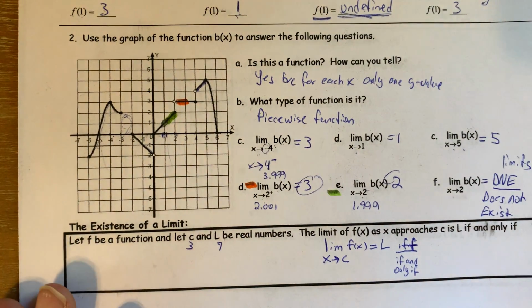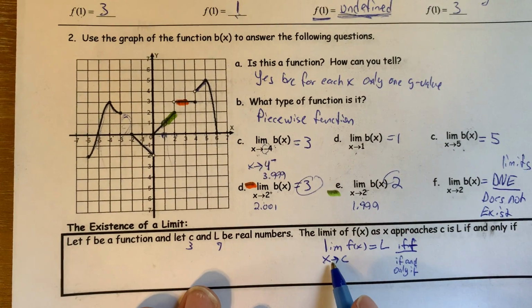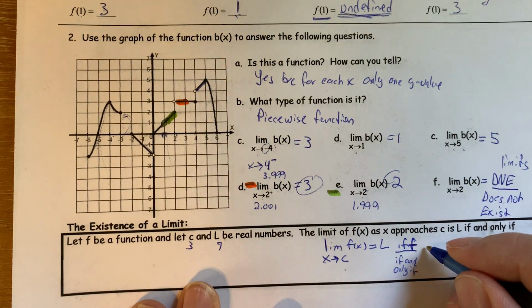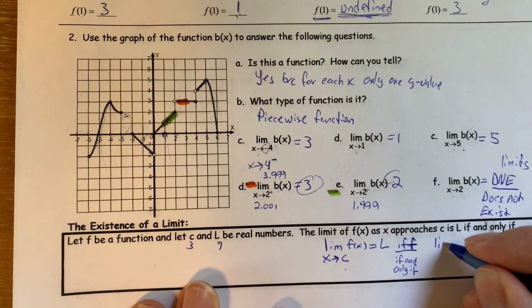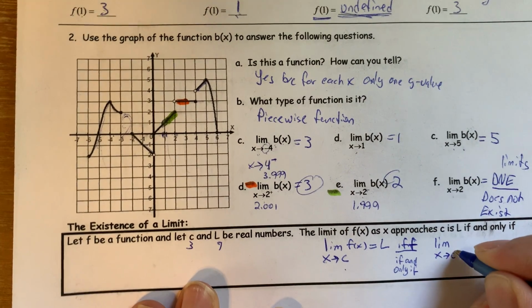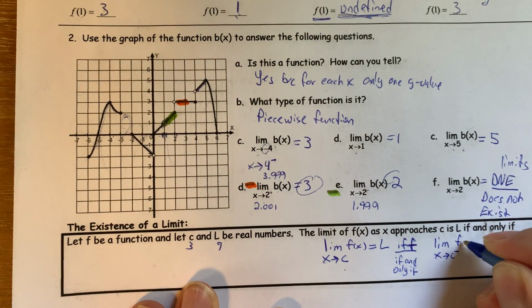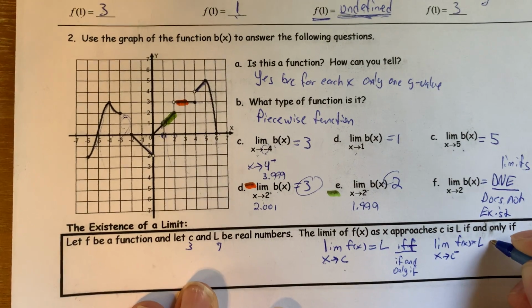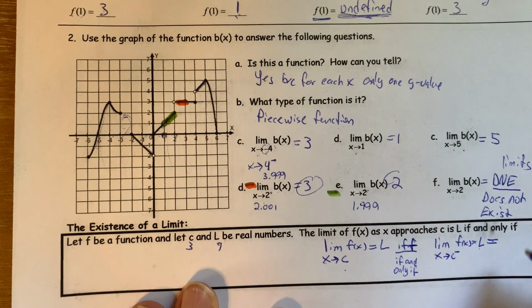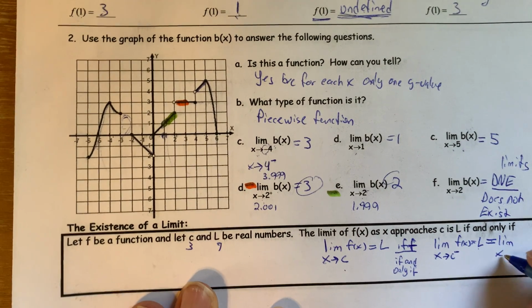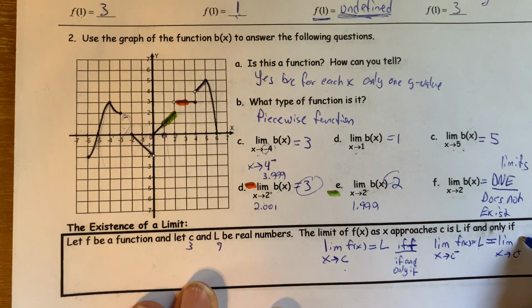If and only if, what has to be true for the overall limit to be L? Well, there are two things that need to be true. The limit as x approaches c from the left of f of x needs to equal L, and L also needs to be the limit as x approaches c from the right.